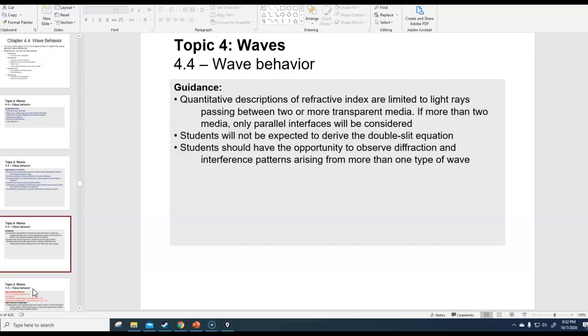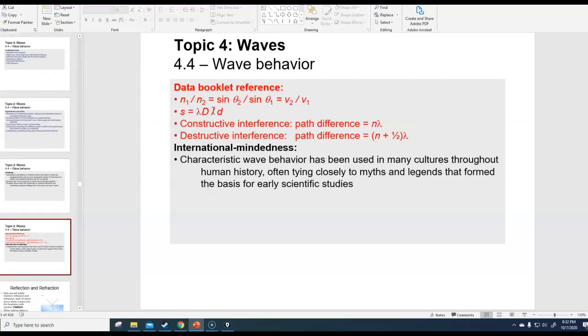As far as what's given to you in the data booklet for 4.4, you are given several equations, and we'll talk about all of these in due time. This first one is Snell's law, and that has to do with refraction. We'll talk about that in the next video. This equation right here is the double slit equation.